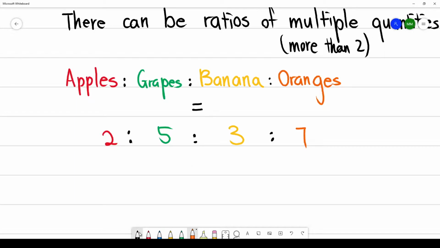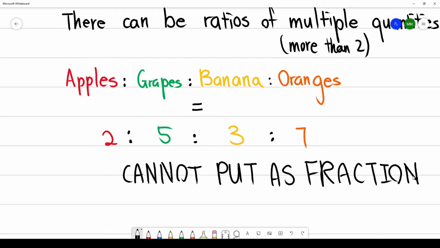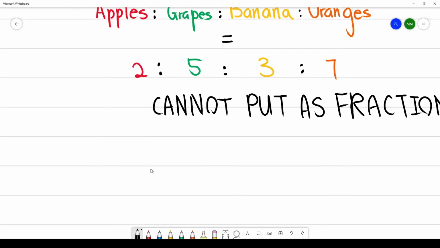Now, you cannot put this as a fraction. So never do this, okay? 2 over 5 over 3 over 7.